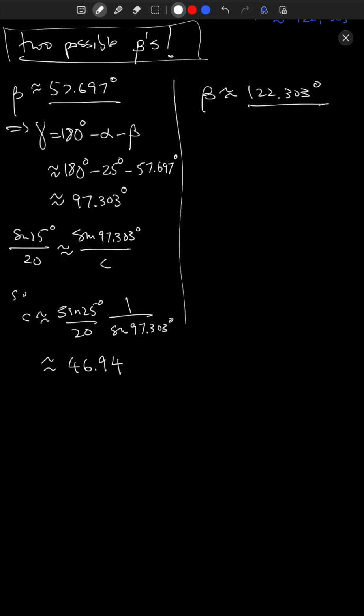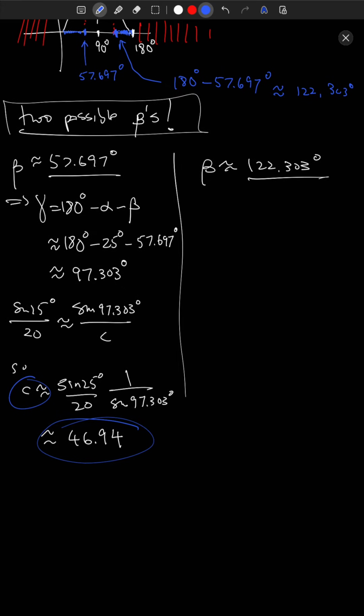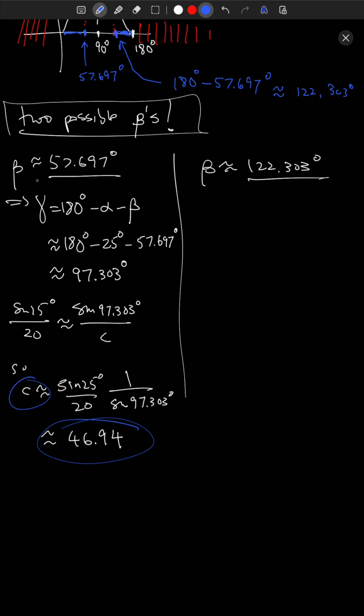All right, and that's it, right? We've got C is this, we've got beta is this, and we have gamma was this, right? So those were the three that we were looking for. Okay, so we've solved the left-hand side of the problem.